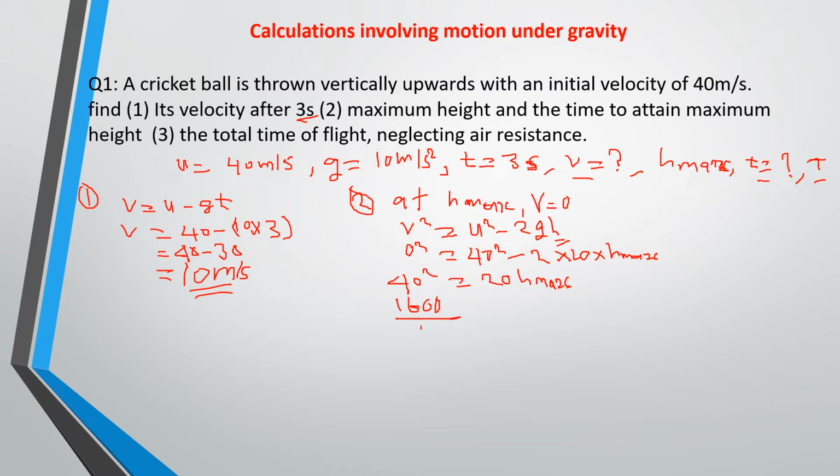So divide by 20, and divide this side too by 20 to eliminate this. So when you cancel this out, you have 80. So this is your h max, this is the maximum height attained.